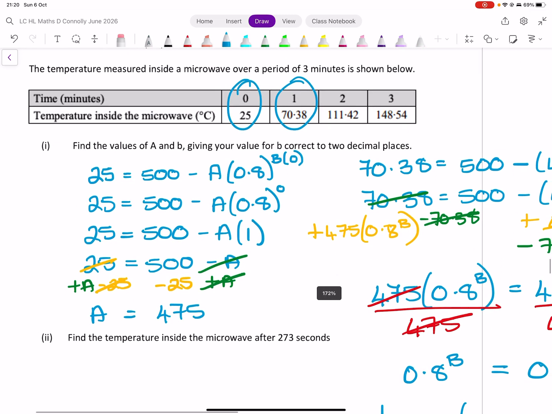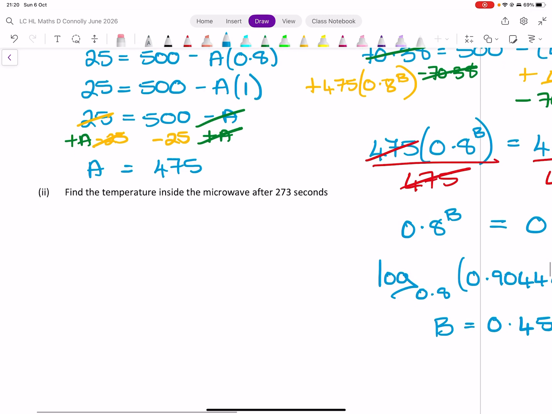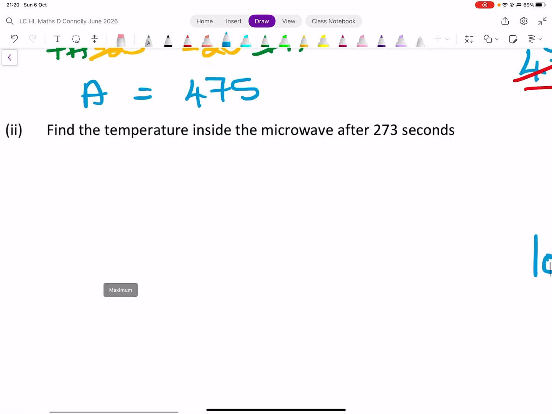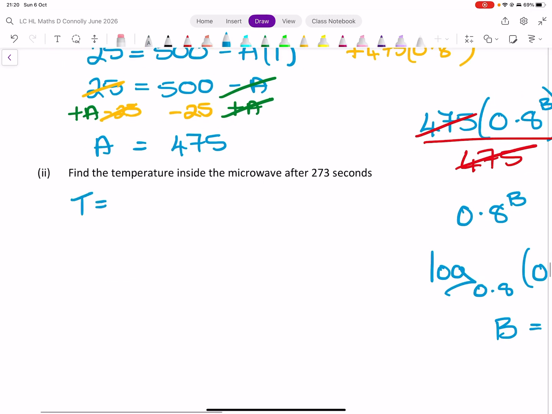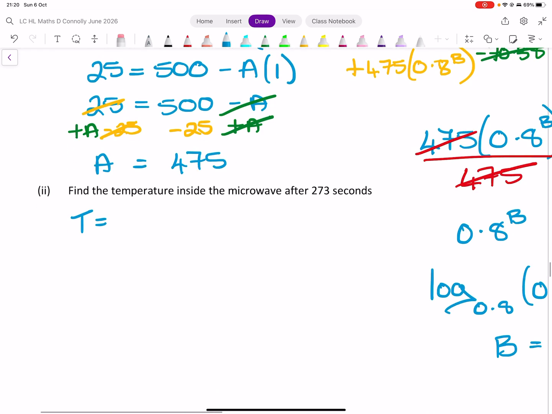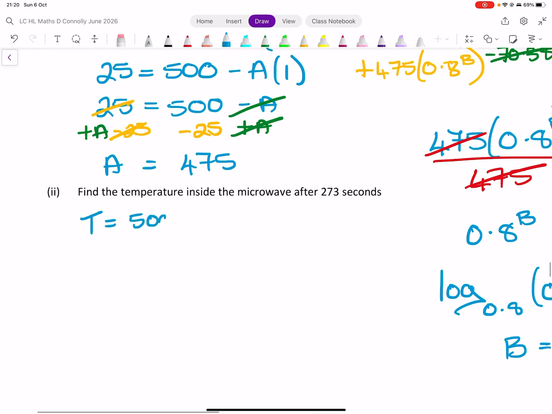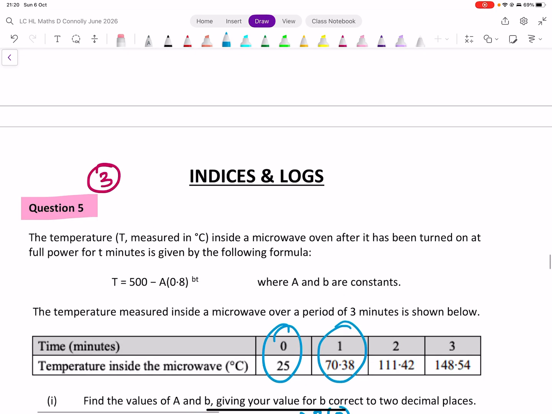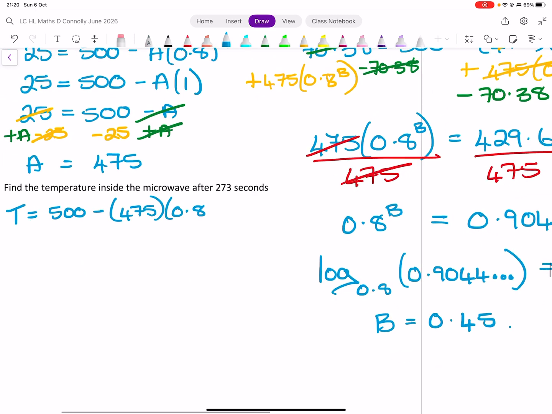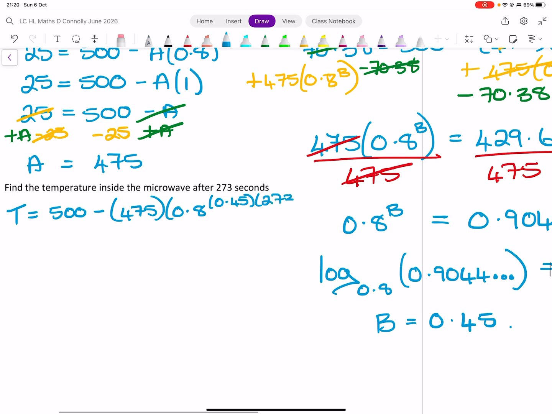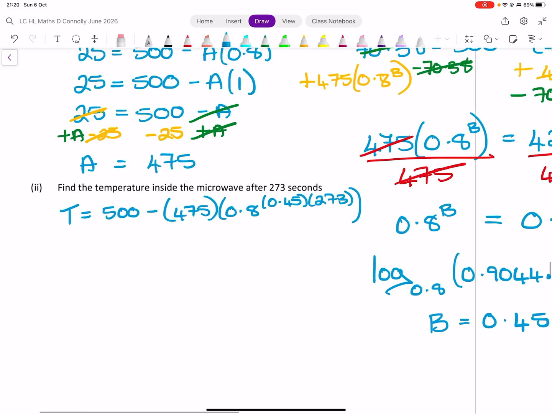Okay, find the temperature inside the microwave after 273 seconds. Okay, so T equals 500 minus A, 475, and then 0.8 to the power of bT. So B is 0.45 and T is 273, because that's what this question is about.